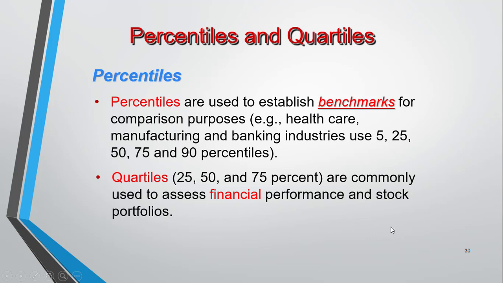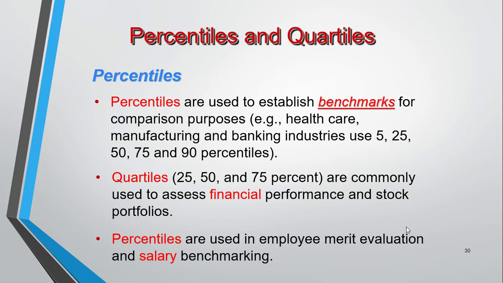They are commonly used to assess financial performance and stock portfolios. Percentiles are used in employee merit evaluation and salary benchmarking. For example, your boss may tell you, hey, you get a pay raise of 5% next year. Very good. You multiply your previous year's income by 5% and add that, then you get your new salary number. That's percentile. Okay?